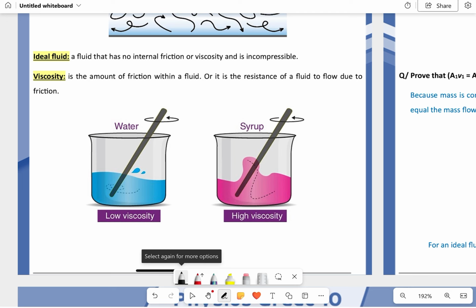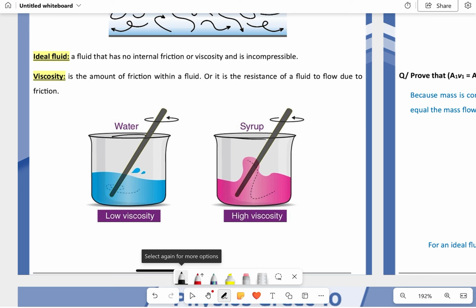Viscosity, guys, is just the amount of resistance or the internal friction of a fluid, okay? If you have water and syrup, you see that the syrup flows very, very slowly compared to water. Why is that? This is because of the high viscosity of syrup. Or oil and water.